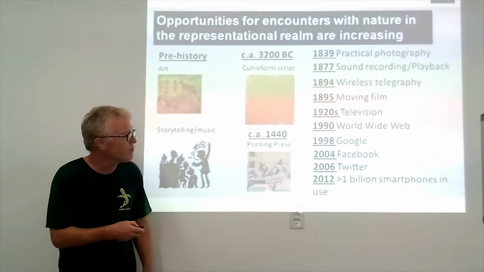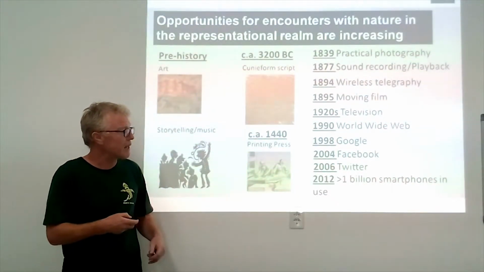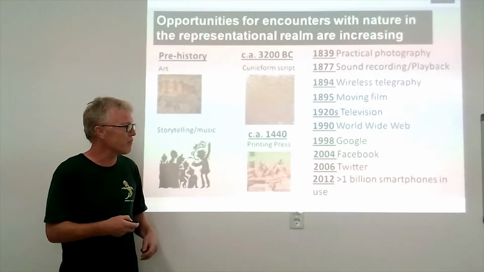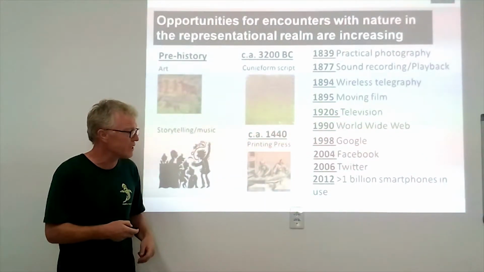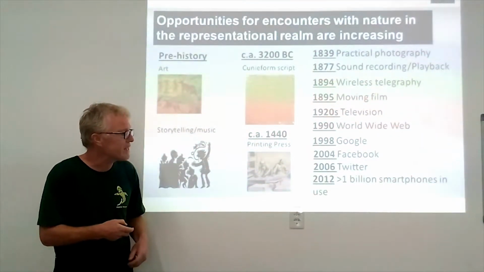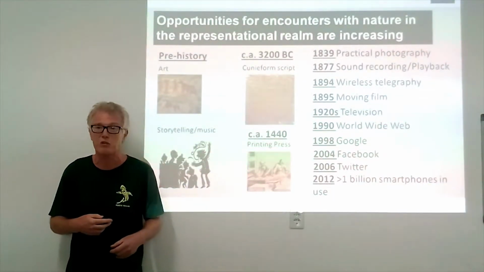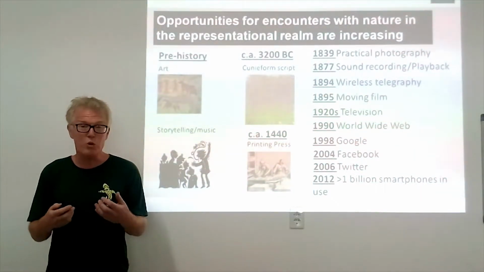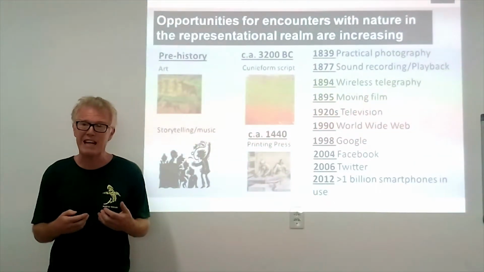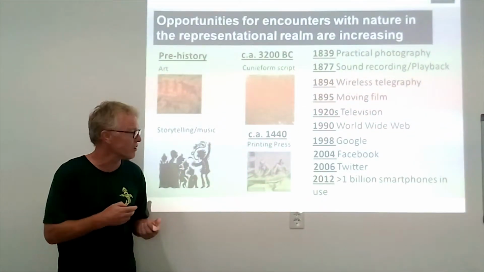Then we have all of these new platforms for the dissemination of information: Google, Facebook, Twitter. By 2012, there were over 1 billion people with smartphones, with almost 24/7 access to information on the internet.